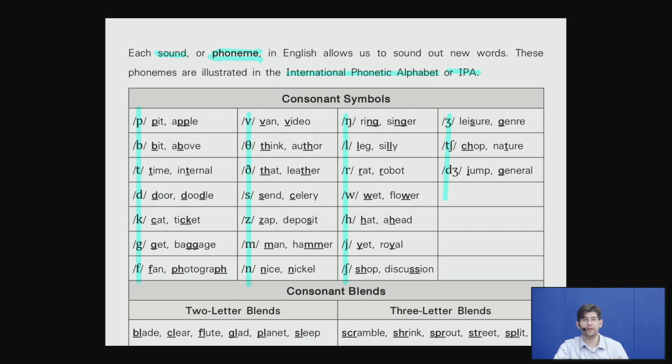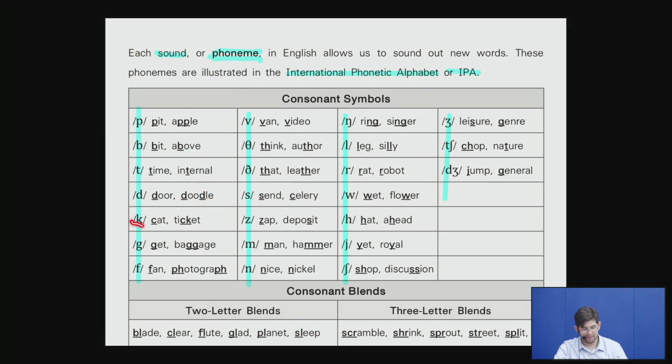And as you hear me say this at home, please try to repeat with me. I'll give you just a second to repeat with me so you can practice it as well. Our next one, our T sounds. We have the first word being time and internal. Our D sounds, our first word is door and doodle. And you can hear our second D right there.